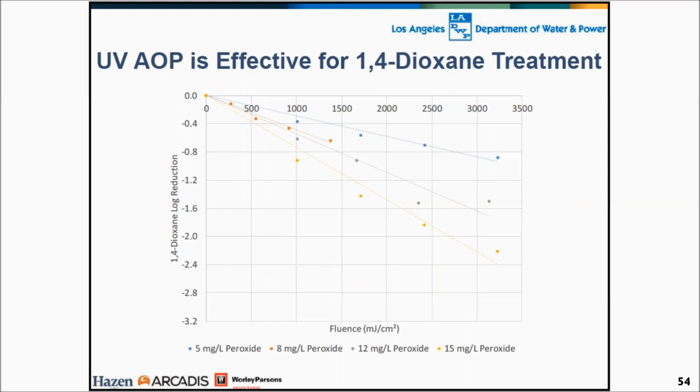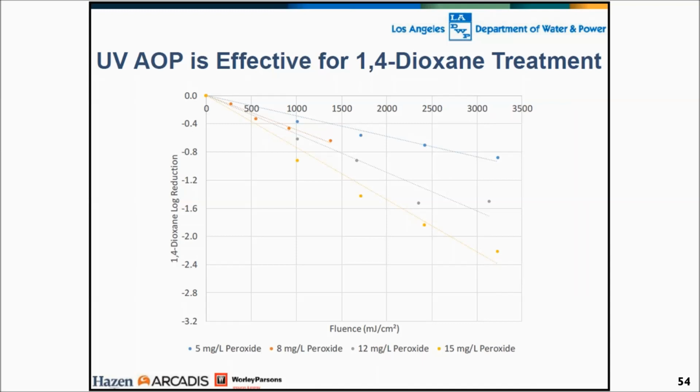Now I'm showing this relative effectiveness of a balance between the amount of peroxide added and the amount of dose, basically energy. So as you can see, you need a lot of high energy to get anywhere for 1,4-dioxane, and you can use a lower dose if you add more peroxide.